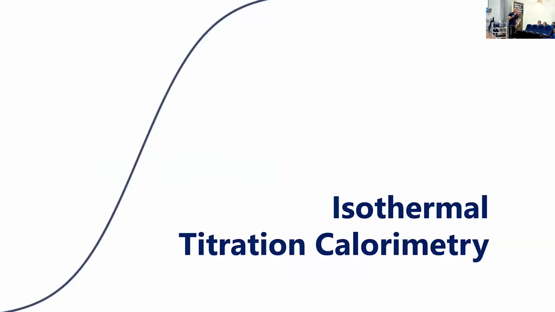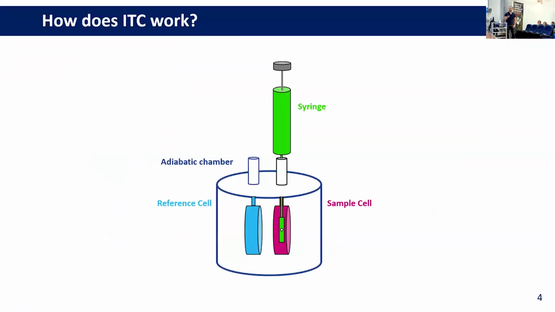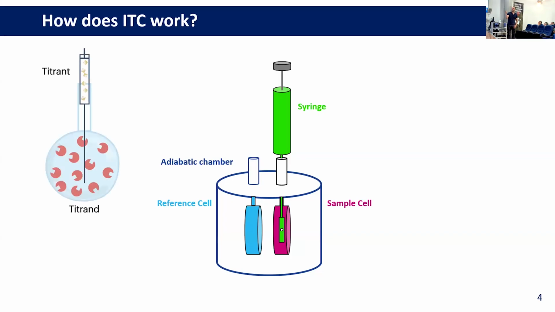Okay, so let's start with ITC. This is a representation of how ITC works. We have a syringe, and then below we have an adiabatic chamber. If we zoom in, what we have in the syringe is a titrant, a molecule in solution that we're going to inject inside this sample cell, which has another molecule that hopefully they bind to each other, right?